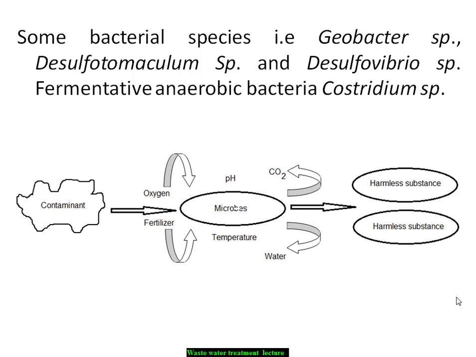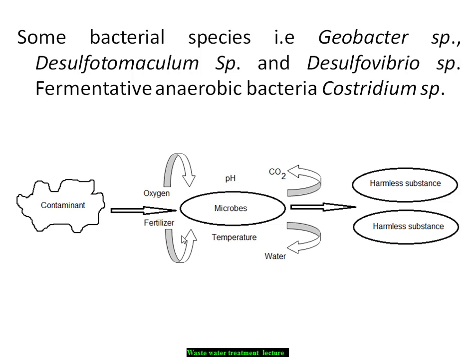Generally, you can see in this picture that this one is the contaminated water or the contaminant. Then we add some microbes. These microbes function on this waste material or contaminated water. They decompose this waste material in the presence of oxygen and some fertilizers. Why are we using this fertilizer?